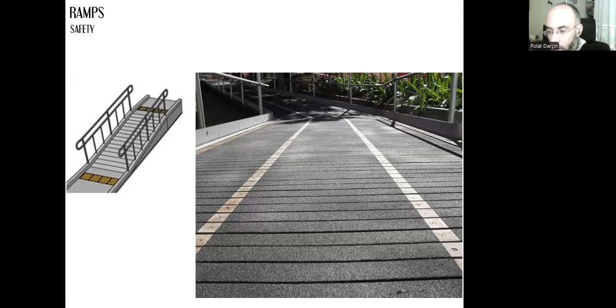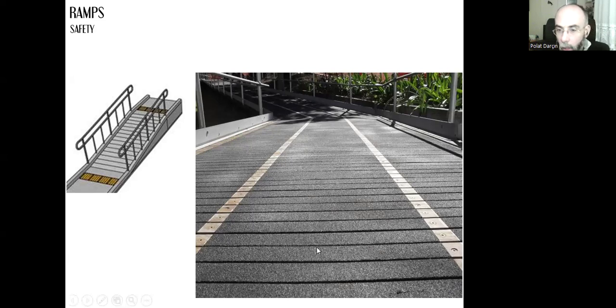And the surface material, it's important, especially for outside ramps. If the climate is rainy, snowy, a cold climate, there's a risk of slipping, so we need to provide a surface that prevents slipping and falling of the user.